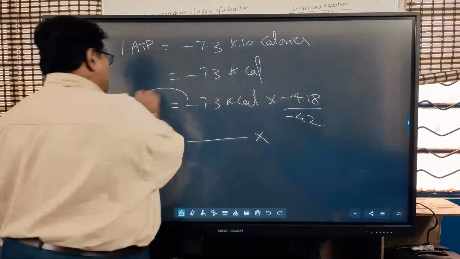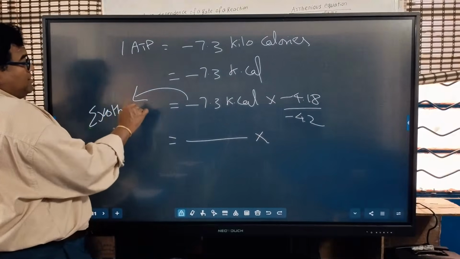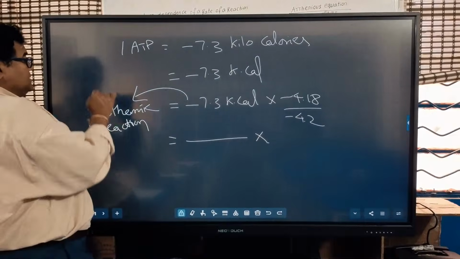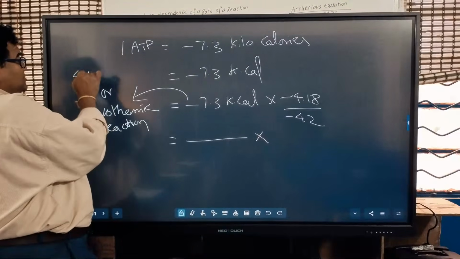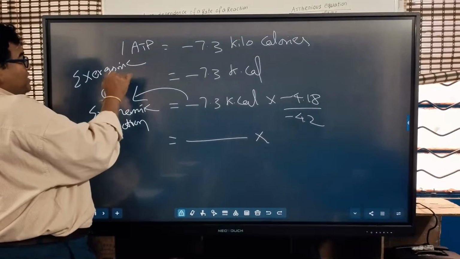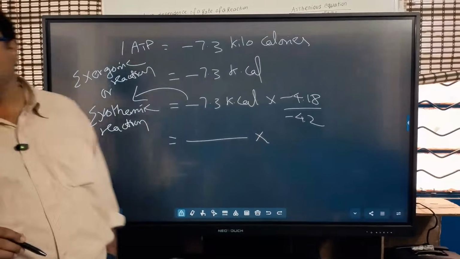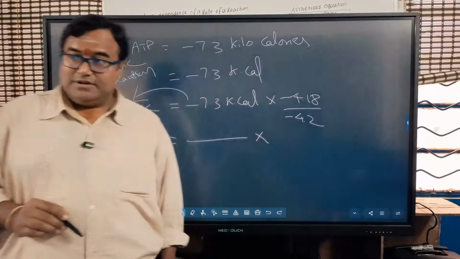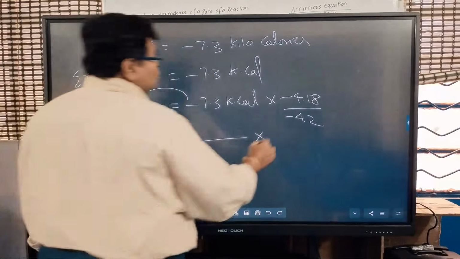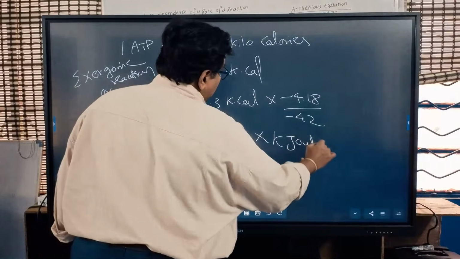Minus represents what? Exothermic reaction, a heat giving reaction, also called an exergonic reaction. That is why we represent this with a minus symbol, right? So this will give the kilojoules value.